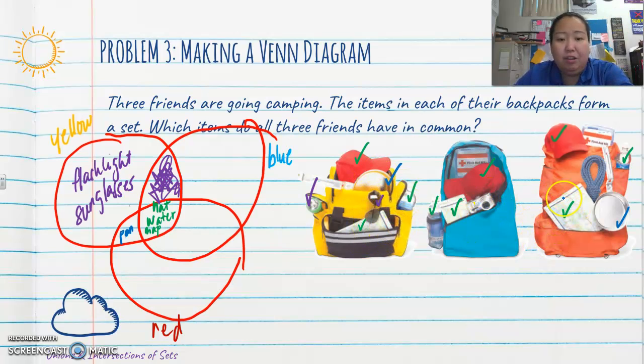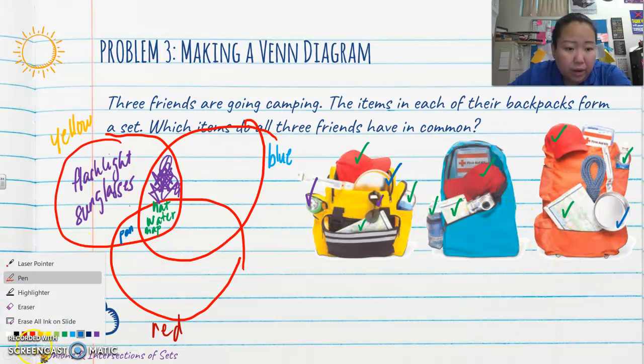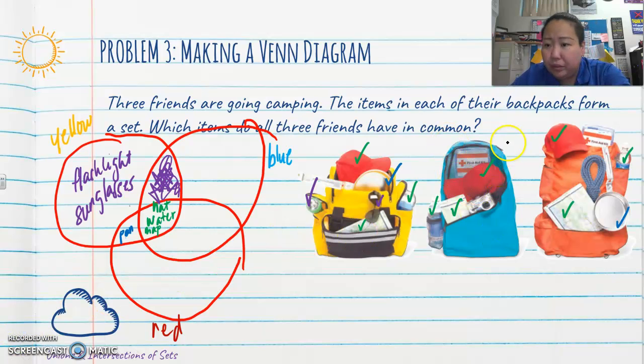Now let's see, do we have anything common between the red and blue bag? You can see they both have first aid kits. So the common between red and blue is the overlap, and it's going to be this area. We will put the first aid kit here, and of course they are common with water and a map. What else is found in the blue bag and also in the red bag?